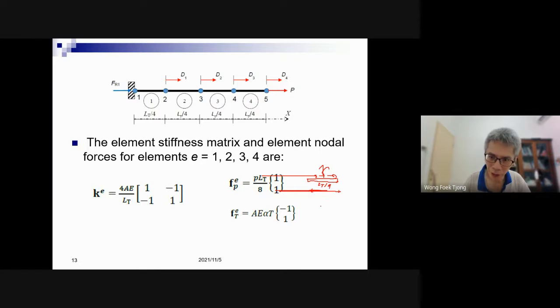In the finite element computation, we convert this distributed load into nodal loads, whose magnitude is PLT by 8, and the same at the other node, PLT by 8. That's the meaning of it. So we convert this to this.